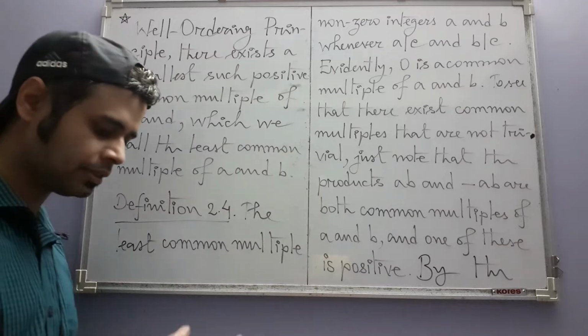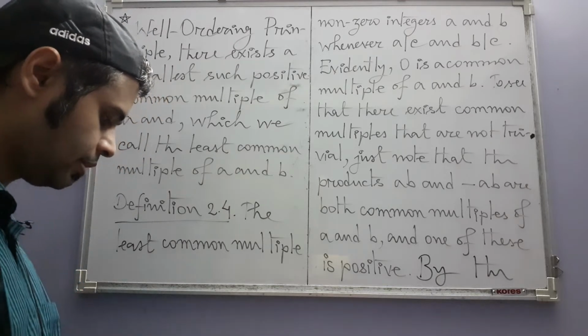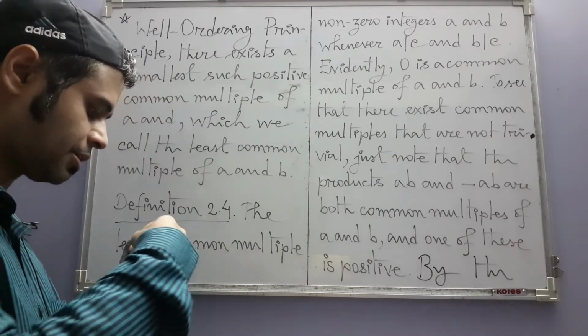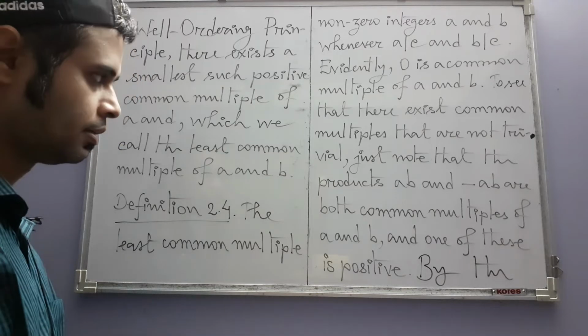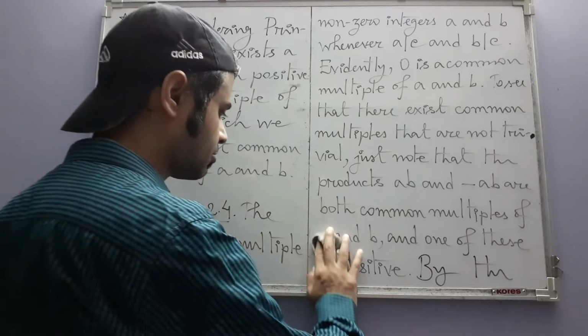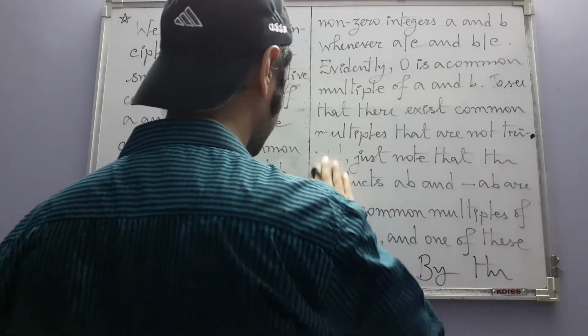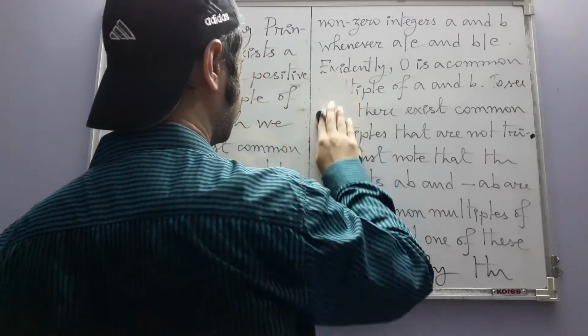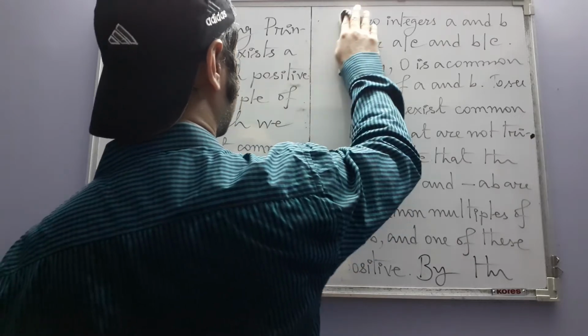Again, I am repeating, don't forget that here both the integers must be non-zero. Okay, if you consider one of them to be 0, then it does not make sense to say LCM of them is this.